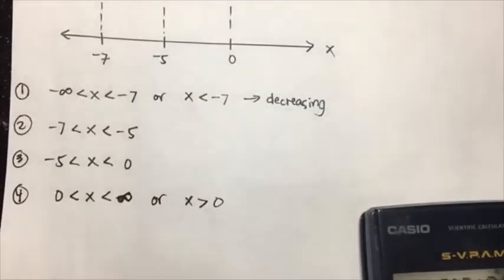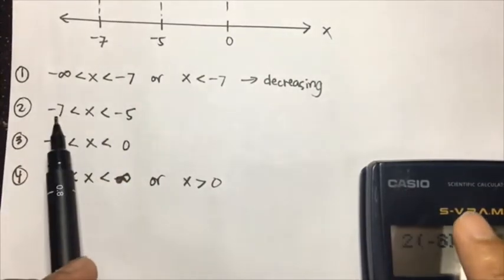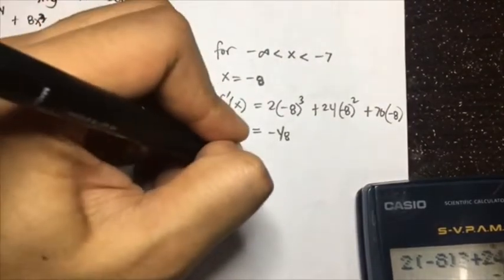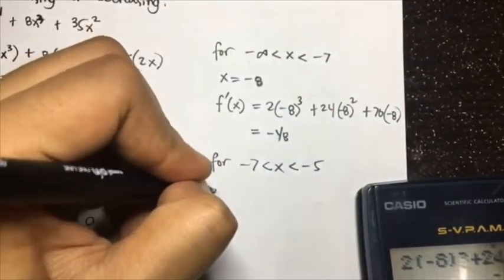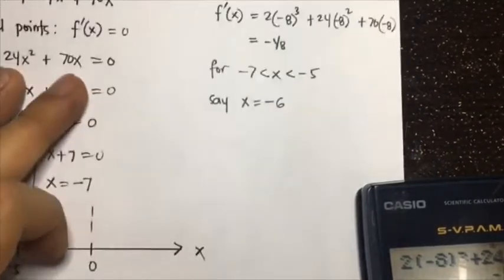Okay. And then we select another interval, from negative 7 to negative 5. So for negative 7 is less than x is less than negative 5, say x is equal to negative 6. Okay.